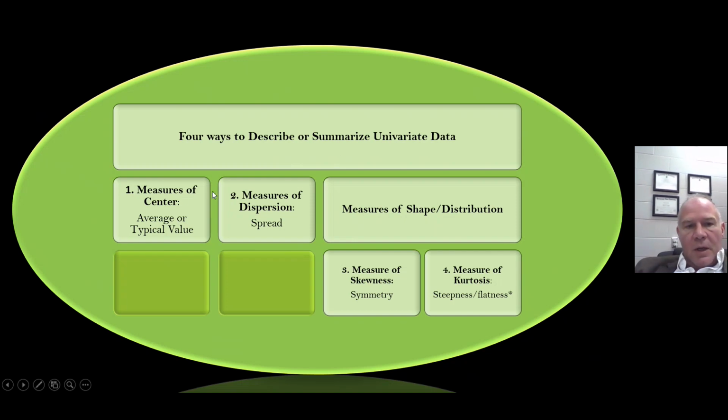So for example, we could have a data set of 2, 2, and 2. Well, the mean for 2, 2, and 2 would be, you got it, 2. What if I gave you a data set of 1, 2, and 3? Well, again, the mean would also be 2, but you could see that going from 2, 2, and 2 to 1, 2, and 3, the second data set has a little bit more spread to it.